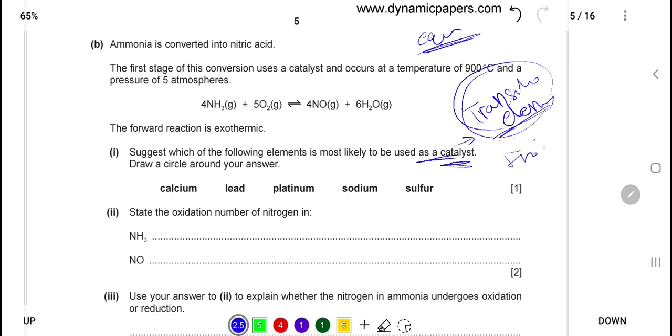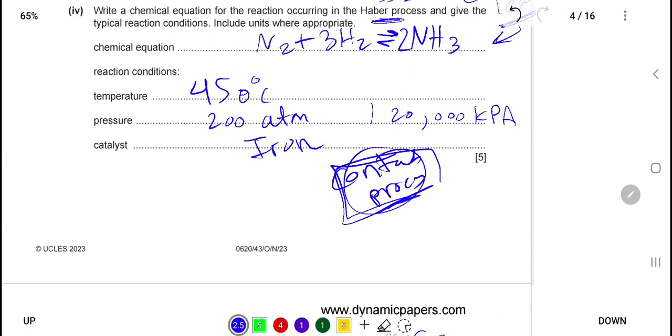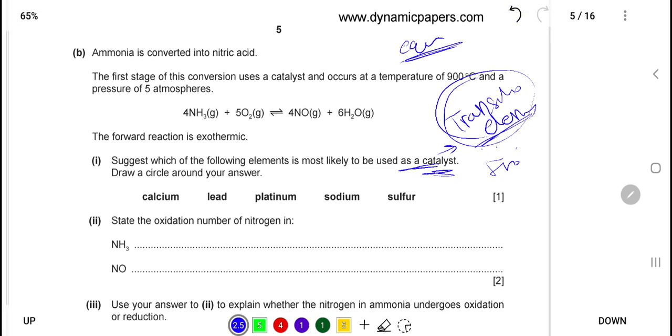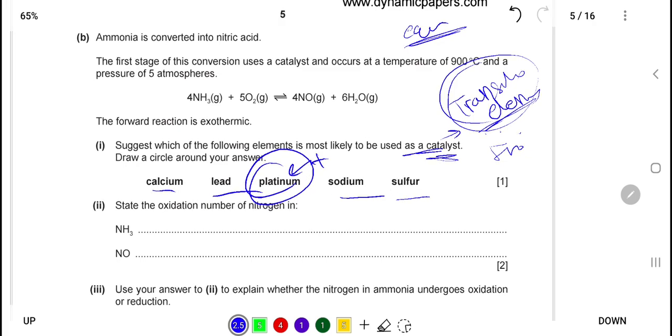For example, iron: what was the catalyst for the Haber process? It was iron, and iron is a transition element. That's why it's used as a catalyst. So now we search in all of these: calcium, lead, sodium and sulfur. All of them are from group 1 and 2, or non-metals, so we don't use them. Platinum is a transition element, so it must be platinum all the way.